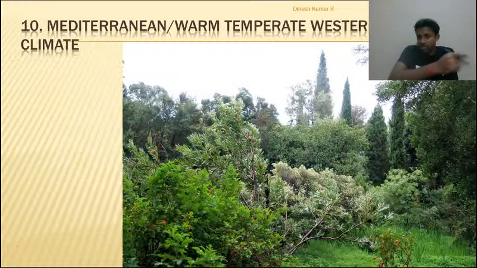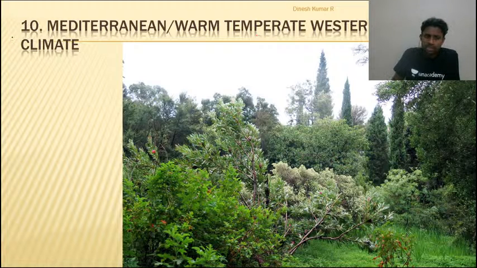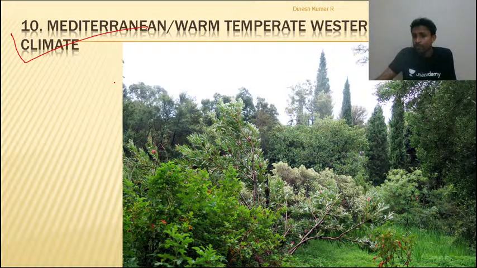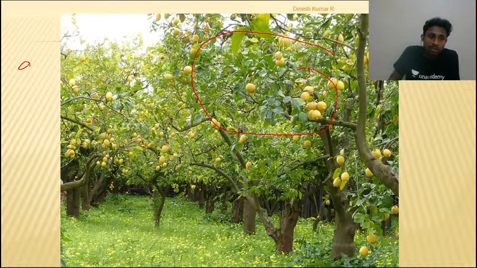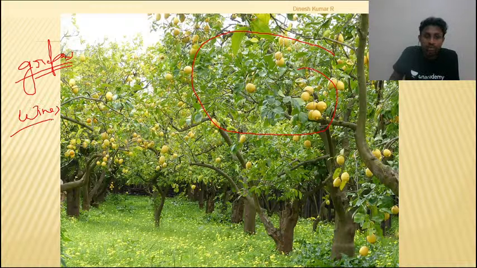Next, we have seen the western side which receives rainfall during winter. Please remember, it's a very beautiful area. And most important, you have to remember that they receive rainfall in winter and remain dry in summer. These areas are very important for their orchards and citrus fruits. They are very much famous for grapes. These countries produce very important varieties of wines because they have vineyards.